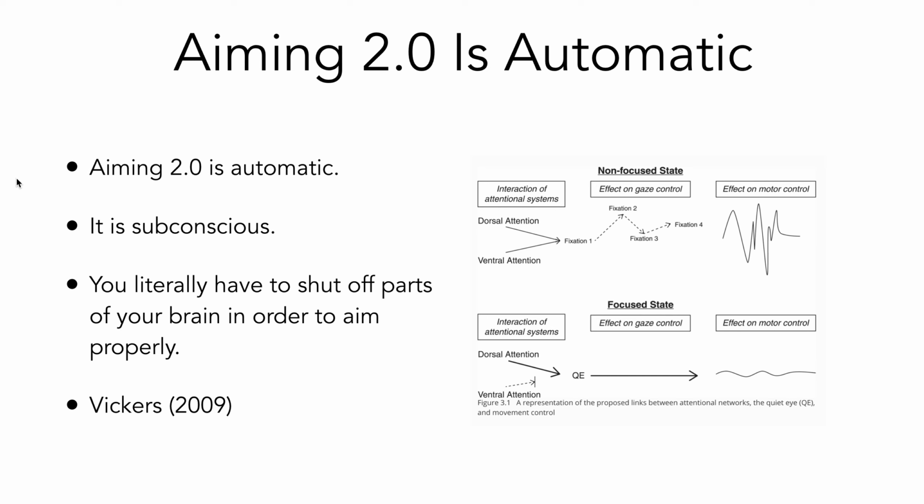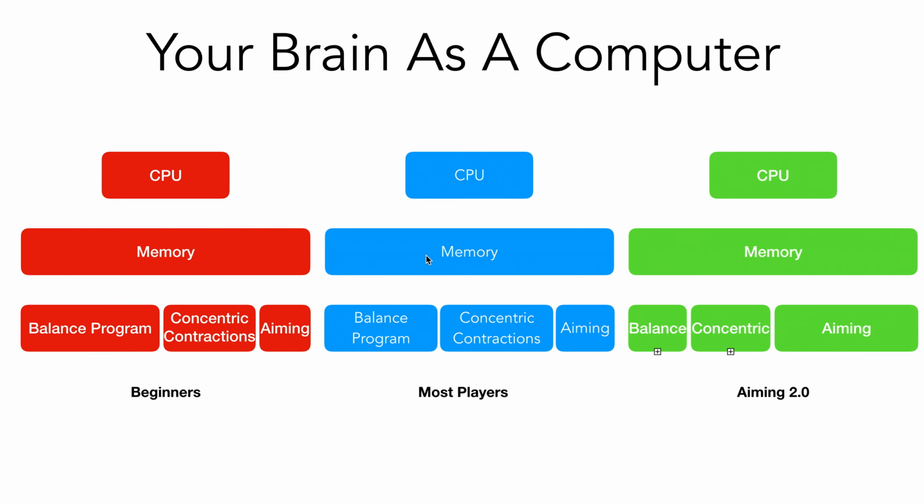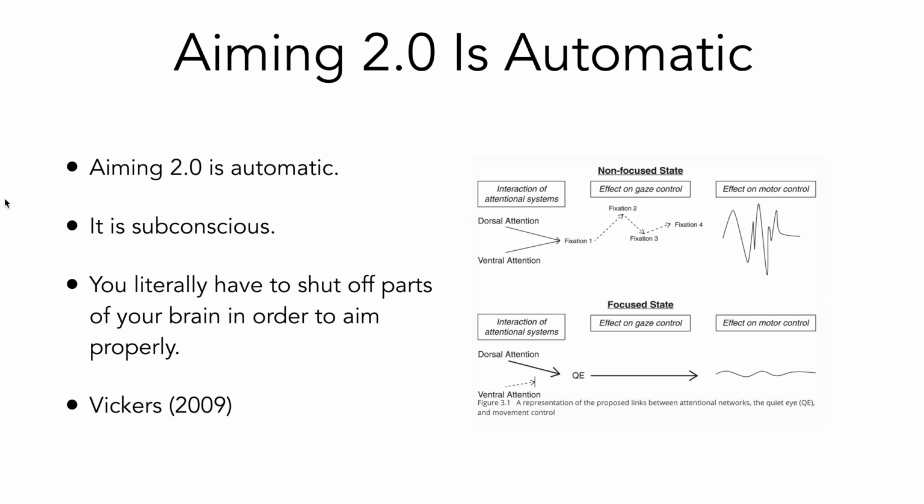Now, this is a really, really complicated diagram from Joan Vickers in 2009. And basically, this is talking about the interaction of attentional systems, aka your memory. Okay, so your attentional systems are like your memory.